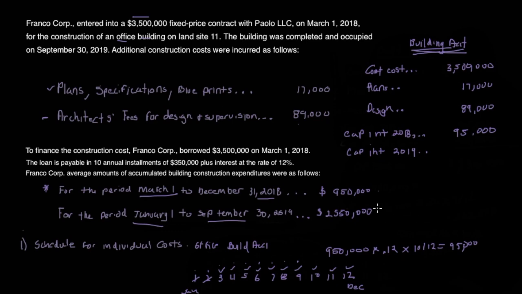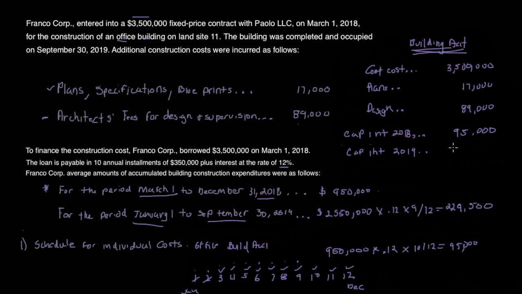Let's just go ahead and do that right here. So multiplied by 0.12, which is the interest right here. Then you take your months, 9 divided by 12, and you will get $229,500. Hopefully you guys can read this as a 9.